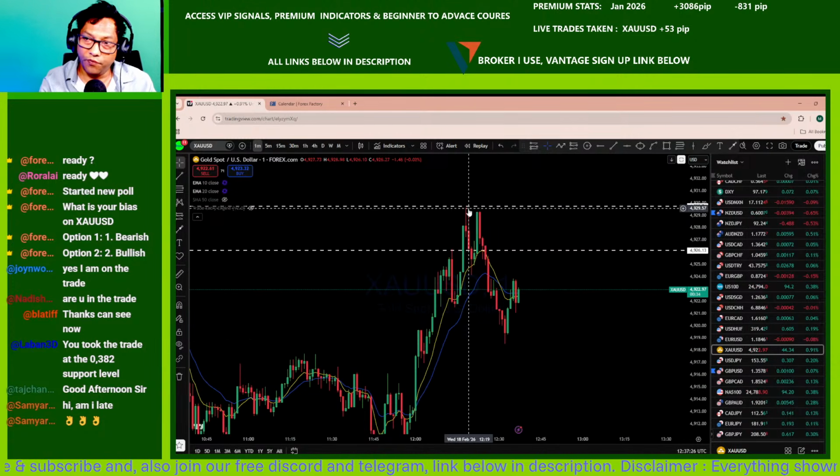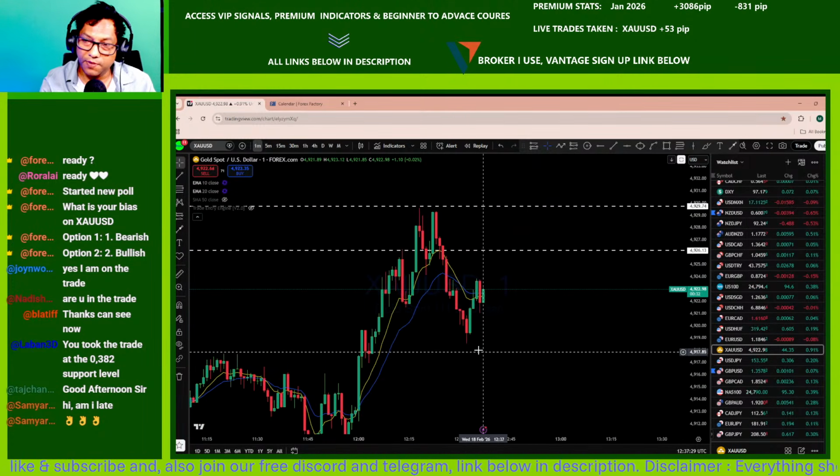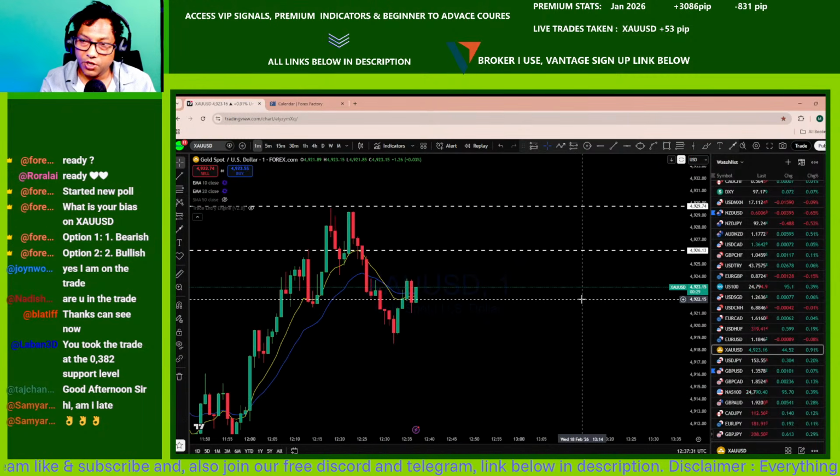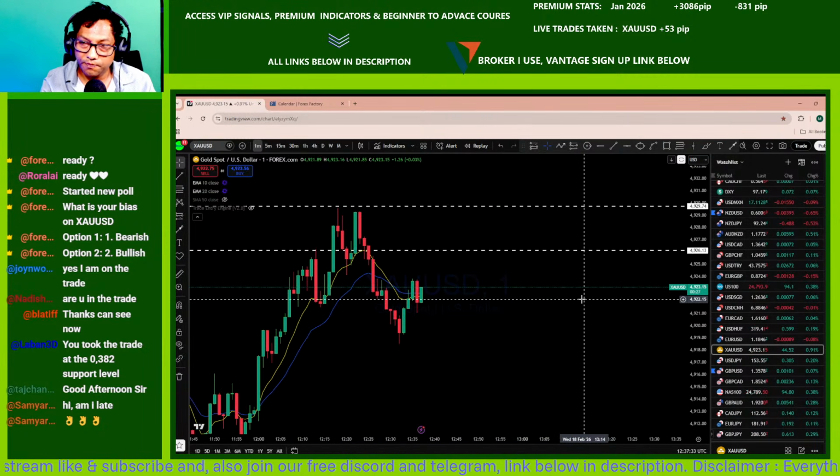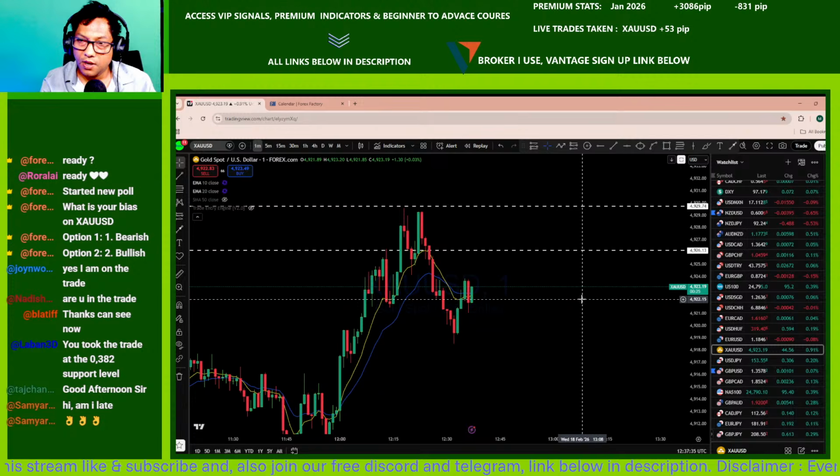Because if you look at this double top, the market has entirely broken back below. Now it's moving in this sideways movement.